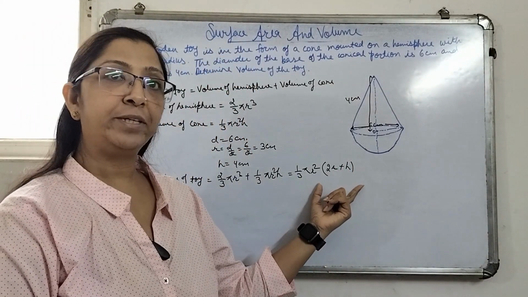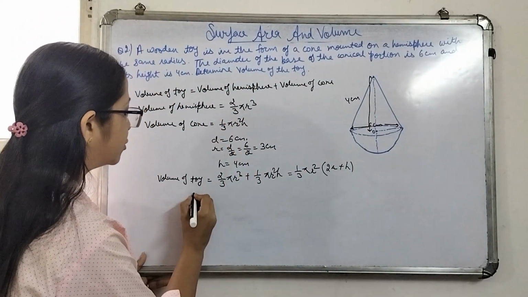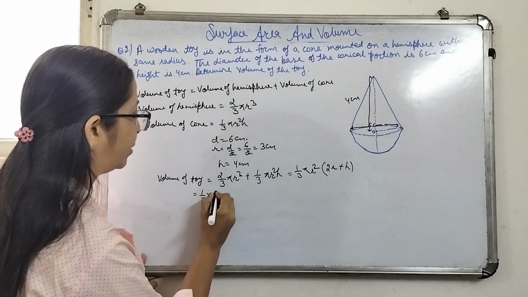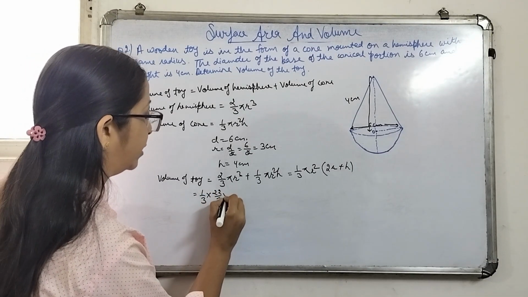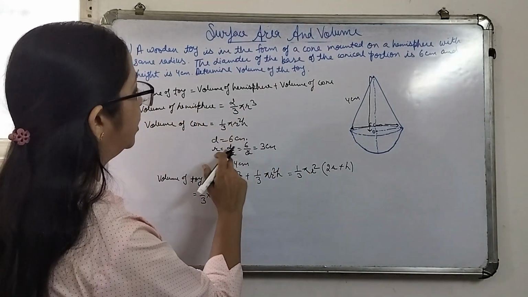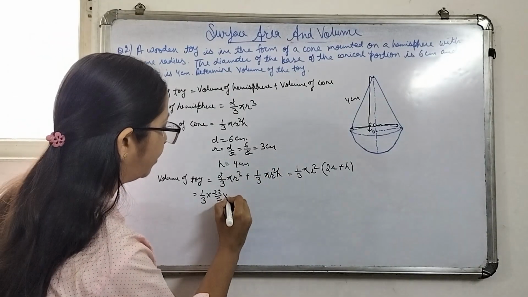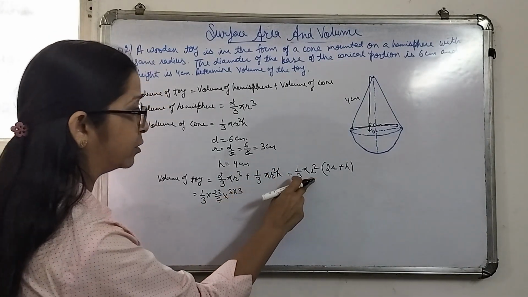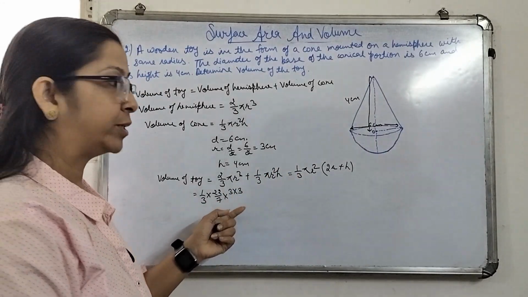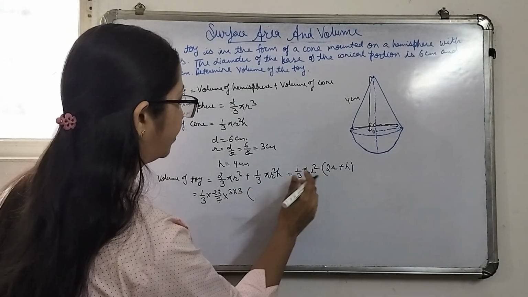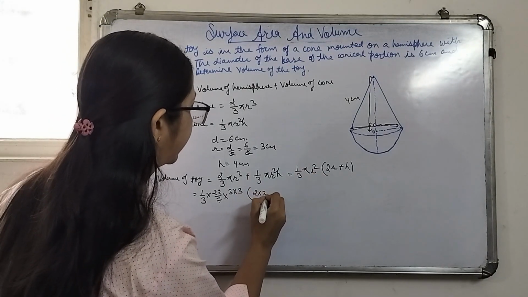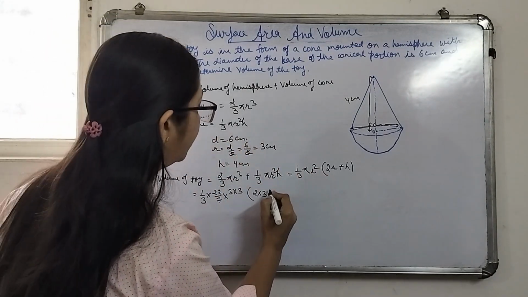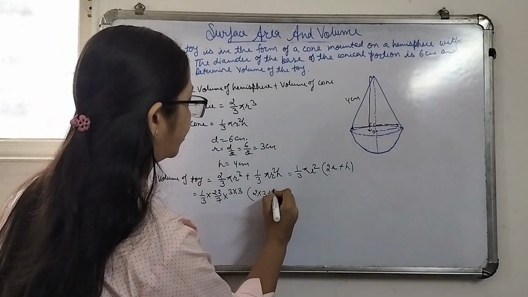So we have to solve it by putting in the values. It will be 1 upon 3, the value of pi we take as 22 by 7, and the value of r is 3, so we multiply 3 into 3 because it is r square. Then in the bracket it will be 2 times 3 plus h, which is 4.